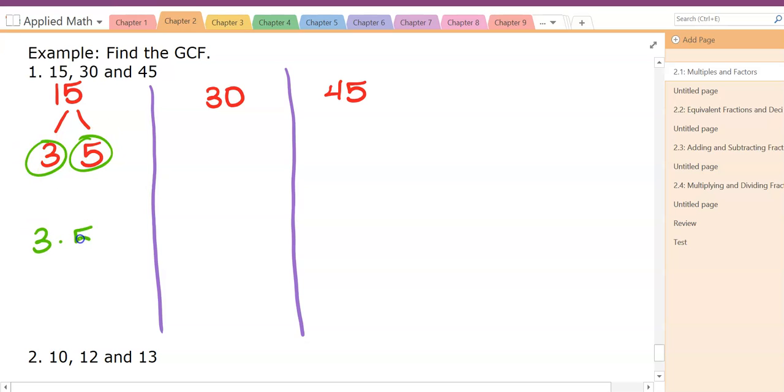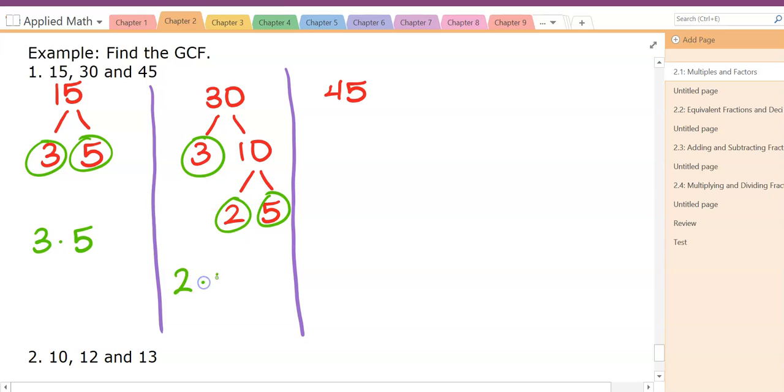So that one's already factored for us, 3 times 5. How about 30? 15 and 2, 3 and 10, I heard someone say. 6 and 5 would also work. How about 10 then, because 3 is prime. So 5 and 2. So this one I have 2 times 3 times 5.